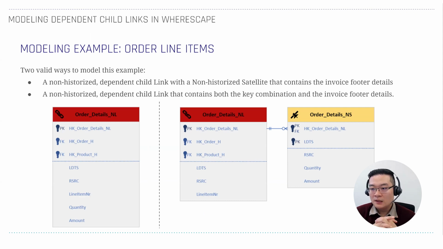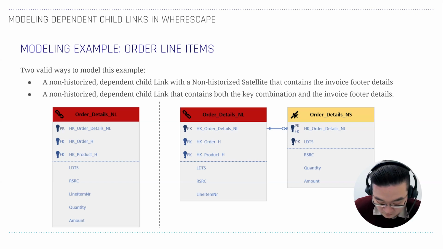So in this example, the recommended way to model this is either of two ways. Either a non-historized dependent child link with a non-historized satellite that contains the invoice footer details, or you can combine both of those objects into one and call it a non-historized dependent child link. You would have one big table with all the information that you would need.